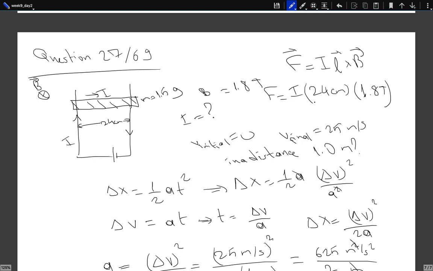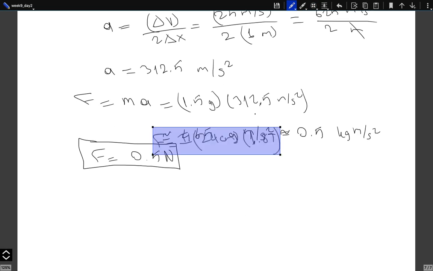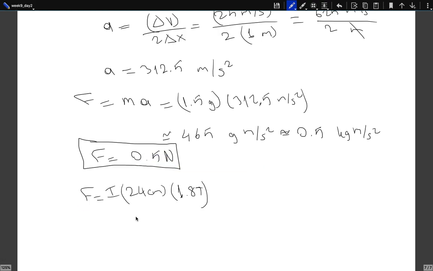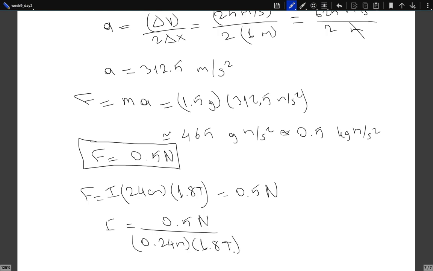But we already know what the force should be. This should be equal to 0.5 newtons. Or the current should be 0.5 newtons divided by 0.24 meters times 1.8 Tesla.